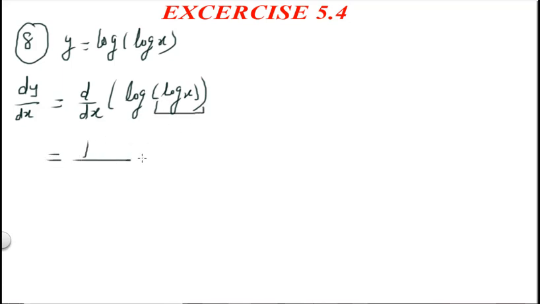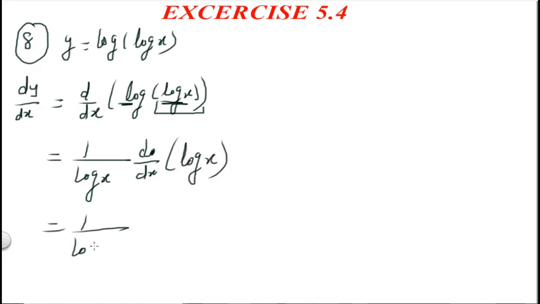Right now this is working as a complete function inside the log. So 1 by log x. Right now we have done for this. Now we will do for this. So we will write d by dx of log x now. Clear? So 1 by log x, and of this log x the differentiation will be 1 by x. So the answer would be 1 upon x into log of x. This is how you are going to solve question number 8.